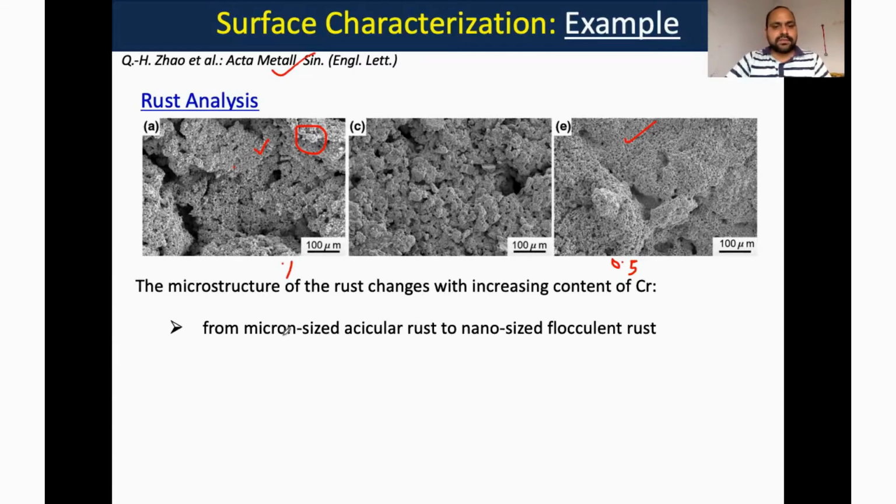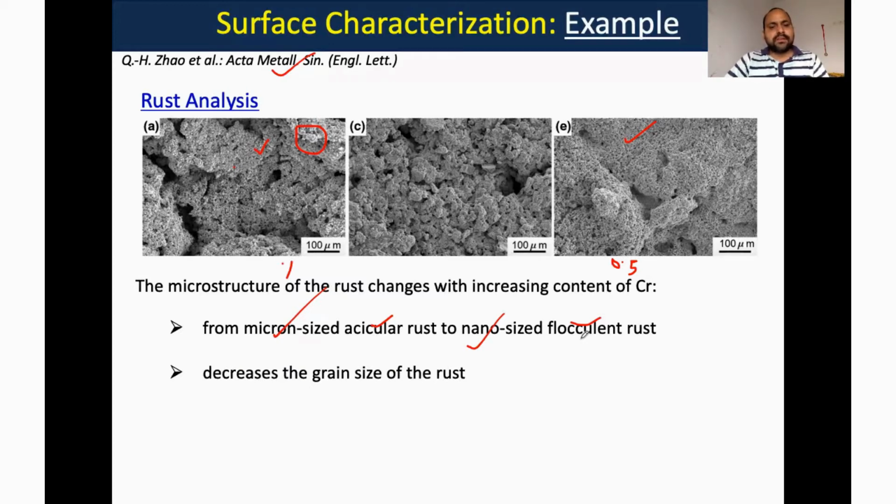First, the change in size, micron to nano. There is also a change in shape. Earlier it looked like needle-like particles with needle-like outlet structures, and now it is more loosely packed particles.